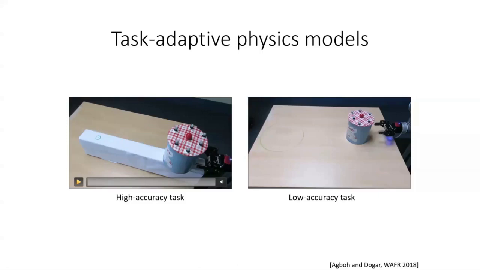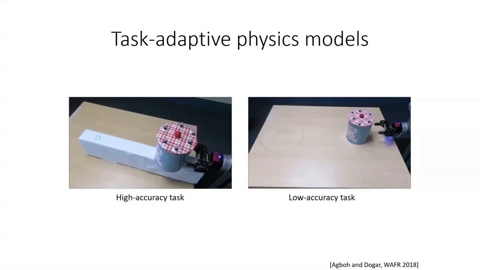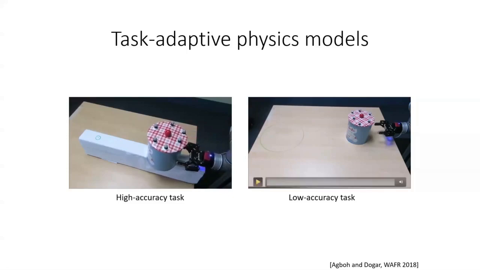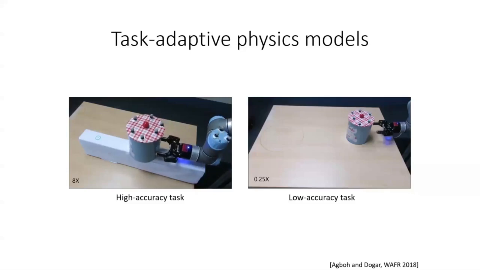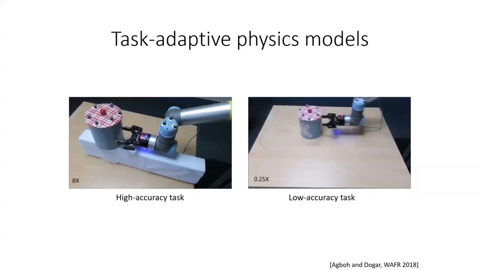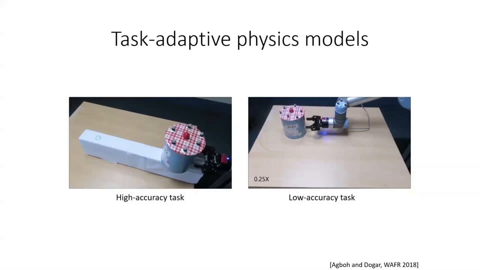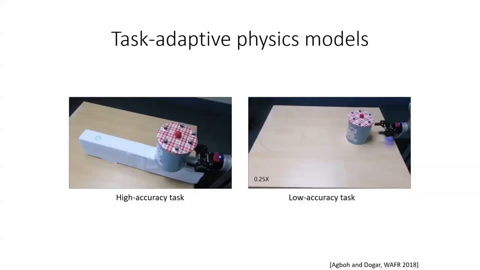And if the predictions are not accurate, it's very difficult to hit the target, right? So actually the system slows down and pays the cost of high accuracy physics predictions, okay? And here, even if there's very high uncertainty in how the object will be moving, it's fine. We know that the object won't fall off.